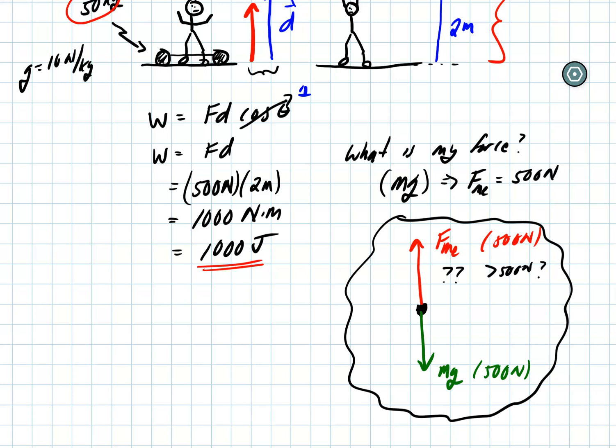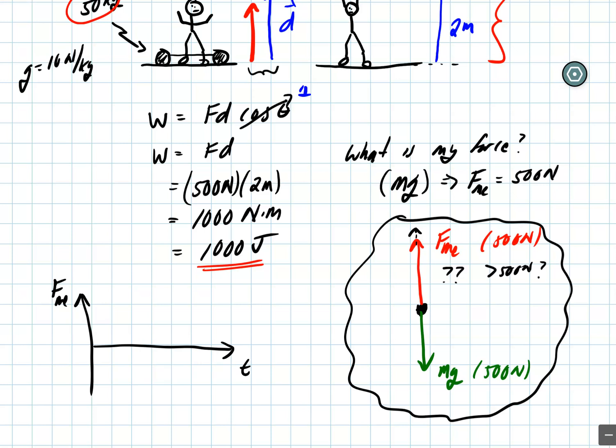At the very beginning, you will have to pull up or push up with a little bit more than 500 newtons. So let me just make a force versus time diagram, chart, graph. All right, so this is my force over time.